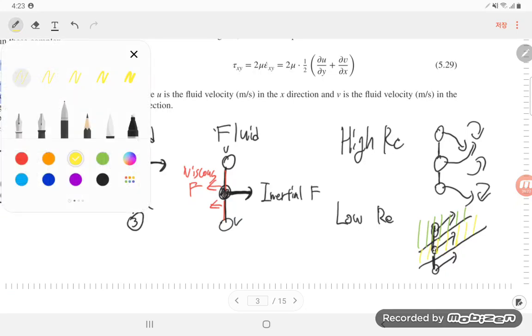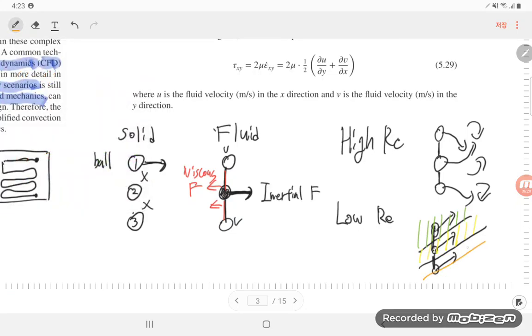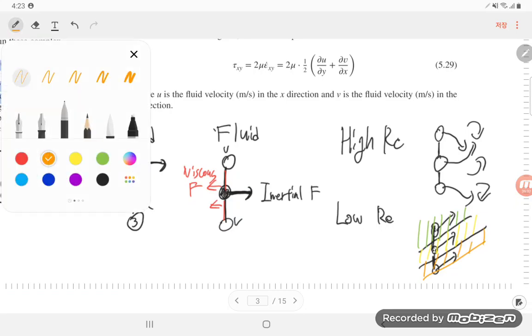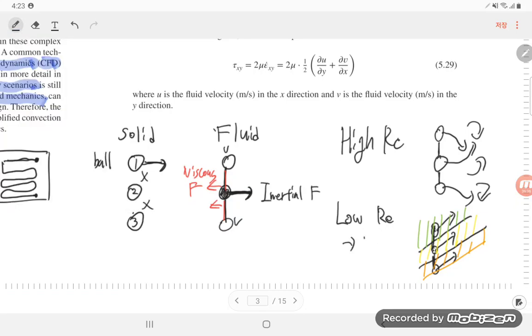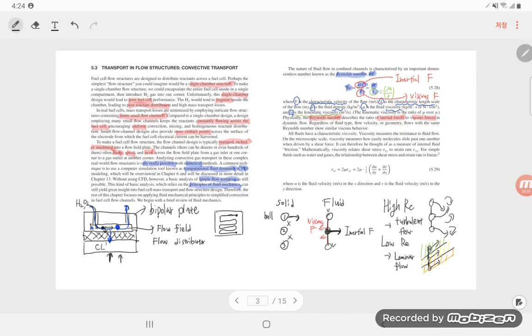So that's why we call it laminar flow. Low Reynolds number means laminar flow, and high Reynolds number has turbulent flow. Okay, remember that.